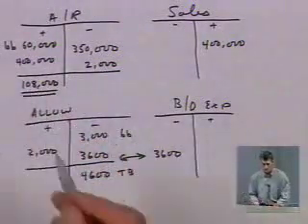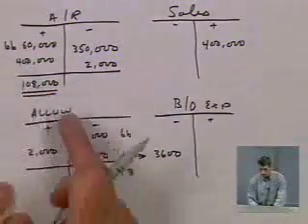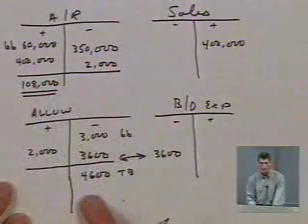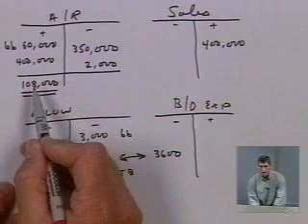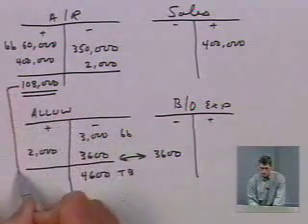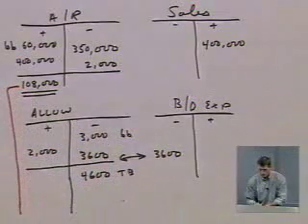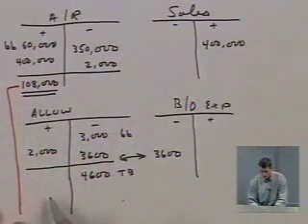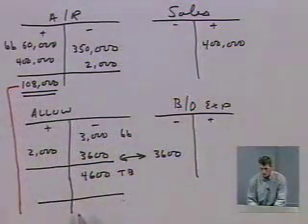And then what we know is that the ending balance in the allowance account should be what? Should be 3% of the ending balance in accounts receivable. So we come down here and look at what the ending balance in the allowance account should be.